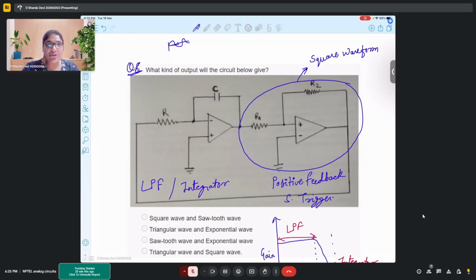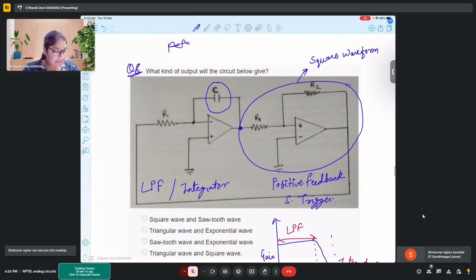Since this is a Schmitt trigger, it will convert the signal. It is definitely going to be a periodic signal. And where will you get that periodic signal from? There is this capacitor, right? This capacitor will charge and discharge. Based on that, you will get a certain signal at this point. And since this is at 0, the comparator will be activated.